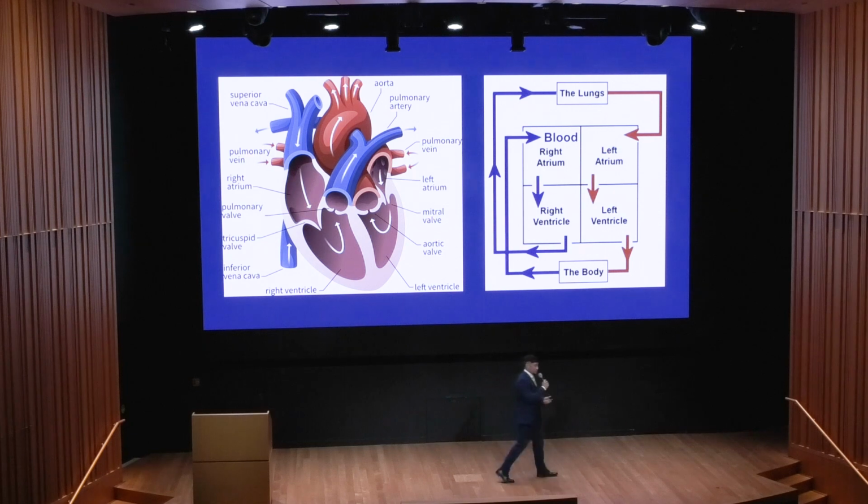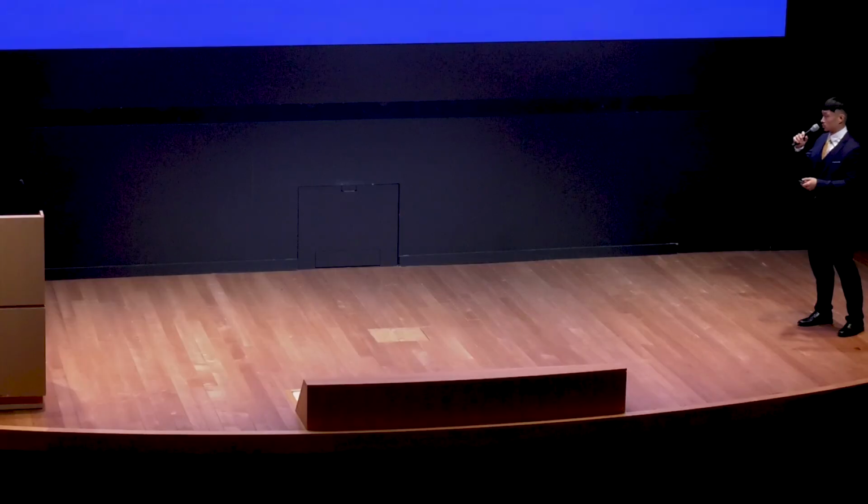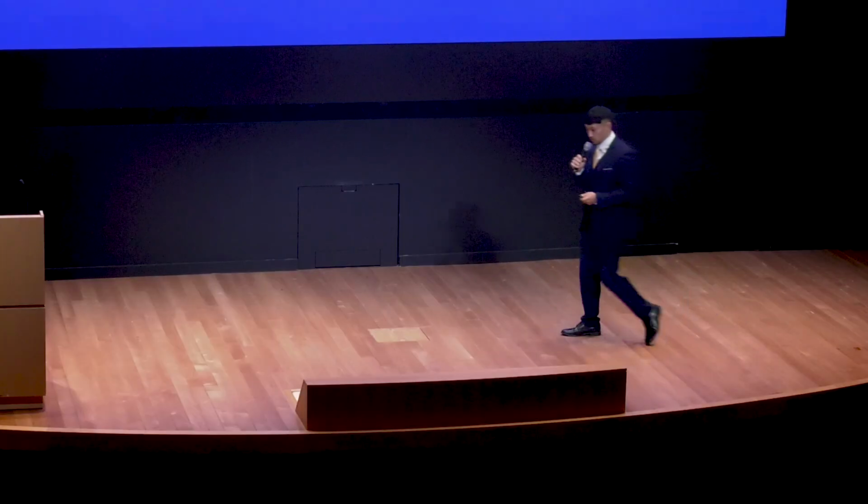I'm going to ask you some questions, and we're all going to respond after maybe 5 seconds, right? So, which valve separates the right atrium from the right ventricle? That was about 5 seconds, okay. What do we think it is? Beautiful, tricuspid valve. You guys are really good.